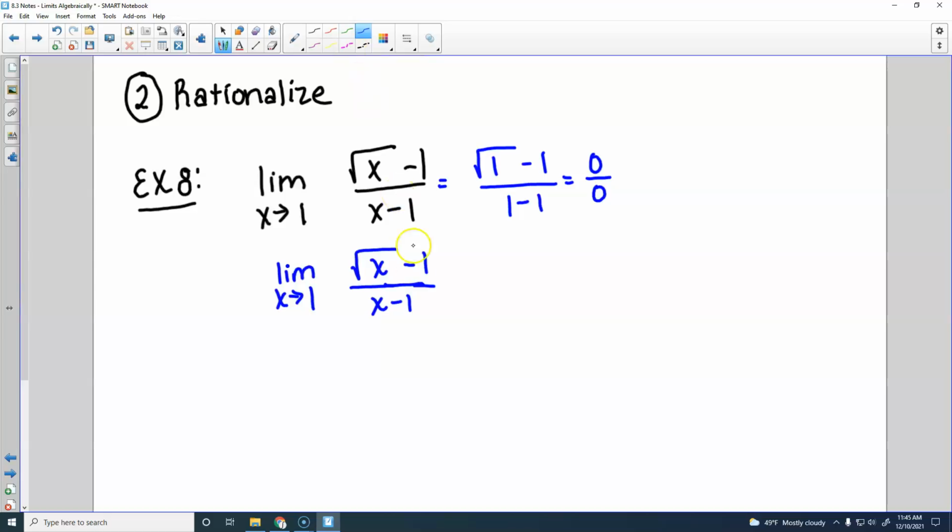So, to rationalize when I have square root of x minus 1 is going to be a little different than if I just had square root of x, right? Because if I've got 1 over square root of 3, you guys are pretty good at multiplying by square root of 3 over square root of 3 and getting square root of 3 over 3, right? What do I do if I have a plus or minus? What if I had something like square root of 2 plus 1?